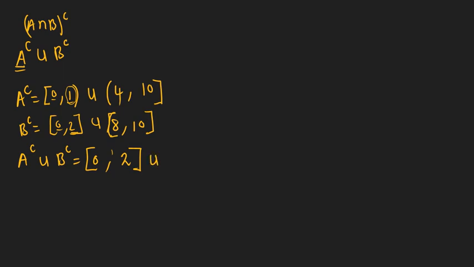Union. Then here I have a 4, here I have 8, but 4 is smaller than 8 and 4 is not included, so I'm going to put my 4 there, and then 10. I know that my 8 is just within this interval, so that is going to be my A complement union B complement.